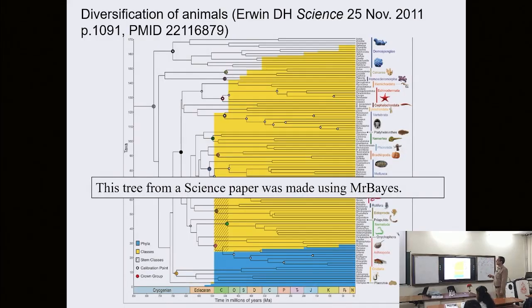Here is a tree made using MrBayes, which was published in Science, and this is a tree of different animals. It has been a while since this was published, but I think it was very interesting. That's why it got published in Science.